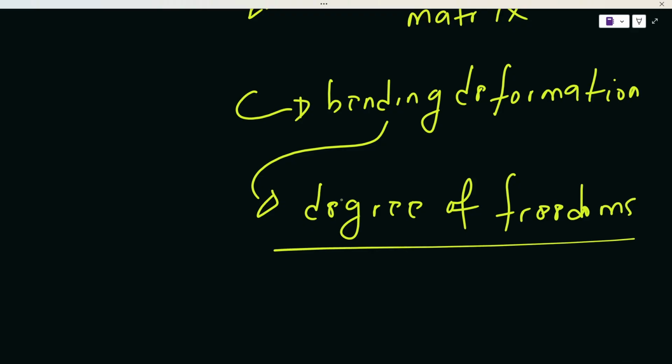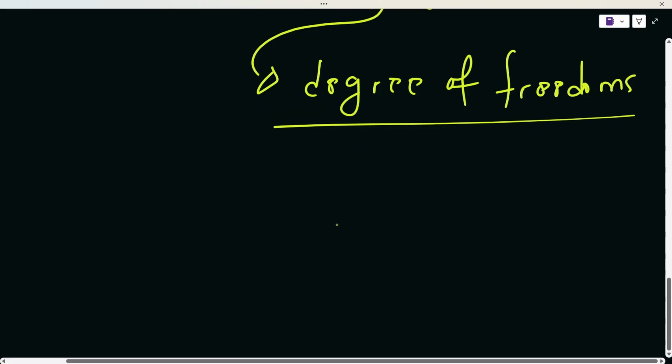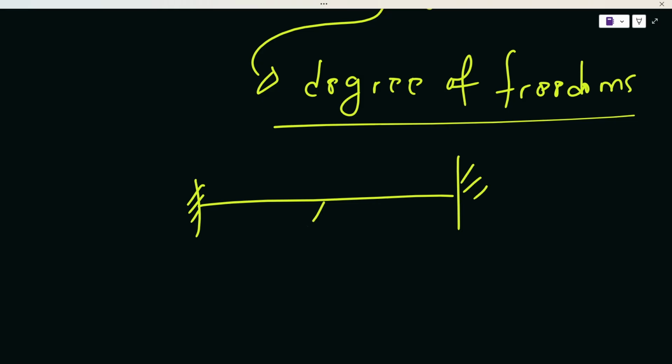Let's say you have this beam. Of course, it's indeterminate. Here is A, here is B, here is C. Of course, the slope at point A is 0, and the translation is also 0.